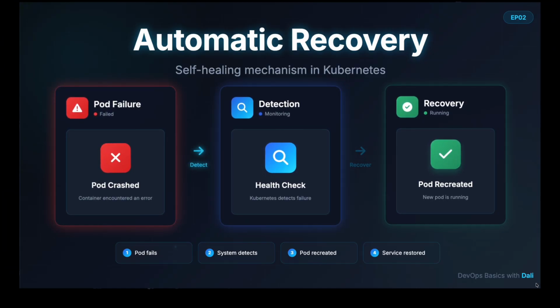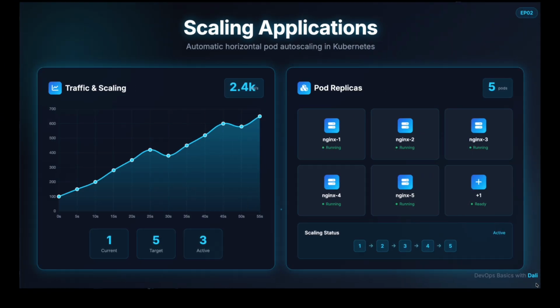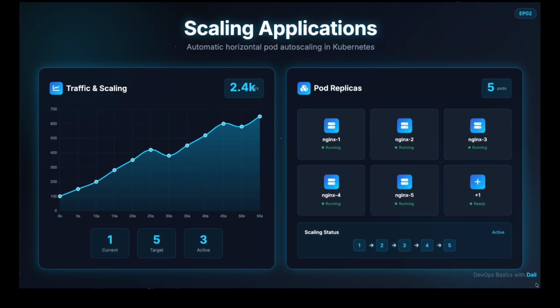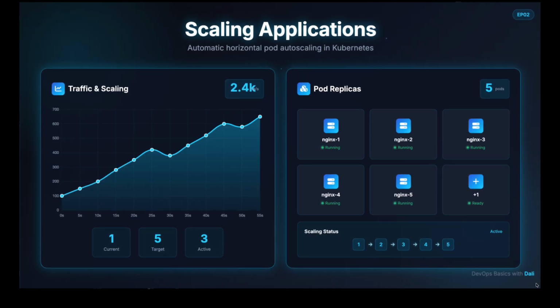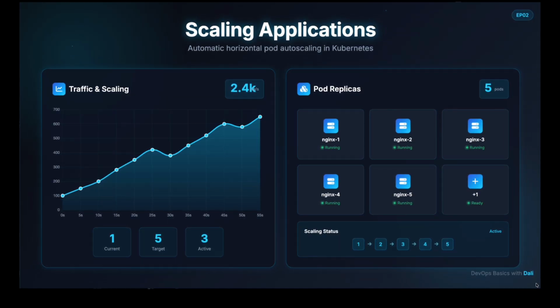Another powerful Kubernetes capability is automatic scaling. Applications don't always receive the same amount of traffic. Sometimes traffic is low, but suddenly thousands of users can start sending requests at the same time. Here you can see traffic increasing over time. As demand grows, Kubernetes automatically creates more pod replicas to handle the workload.